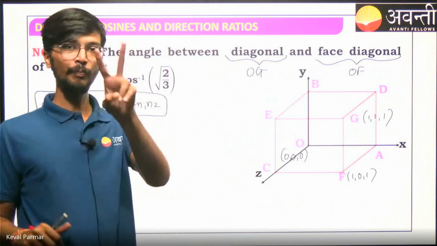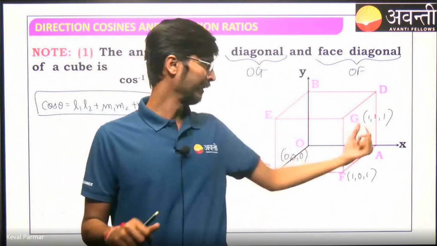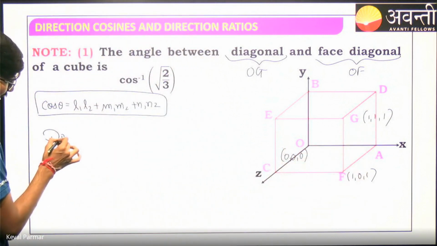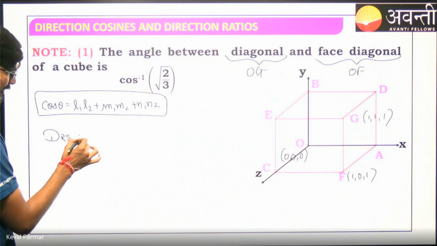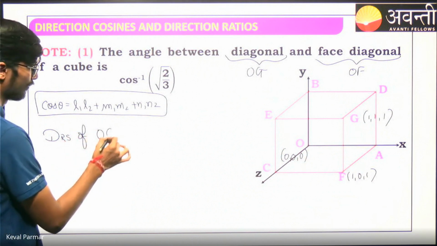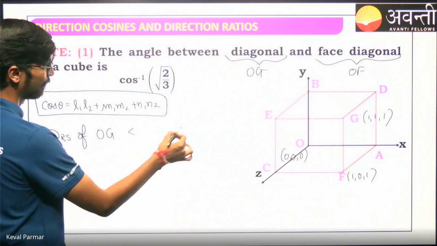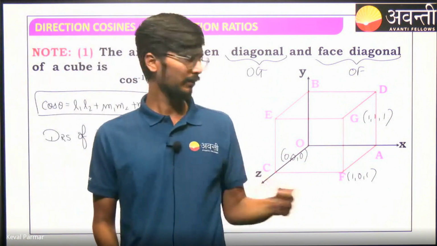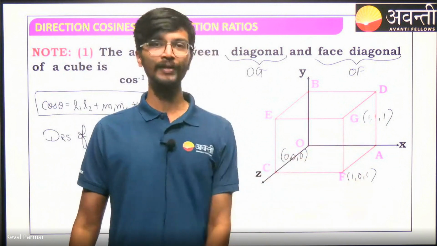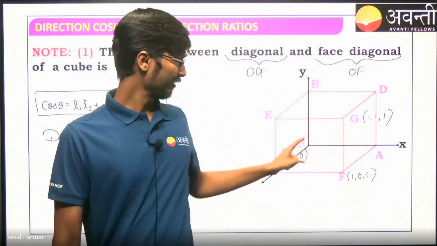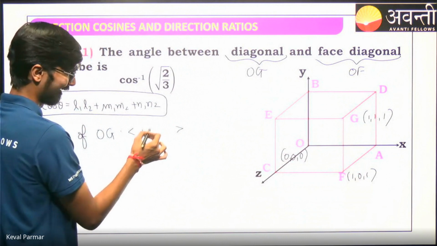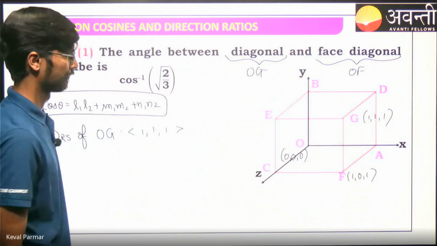Now one more concept. If I have 2 points, let's say O and G, and I want to find the DRS, direction ratios of OG, I can simply subtract the coordinates. So what will be the direction ratios of OG? It will be 1 minus 0, which is 1, again 1, and again 1.